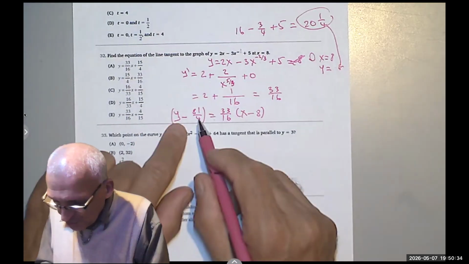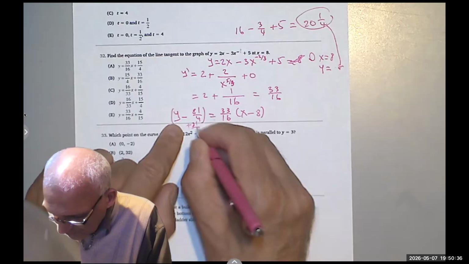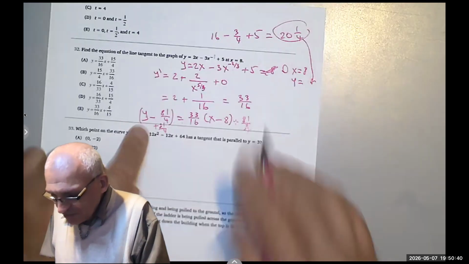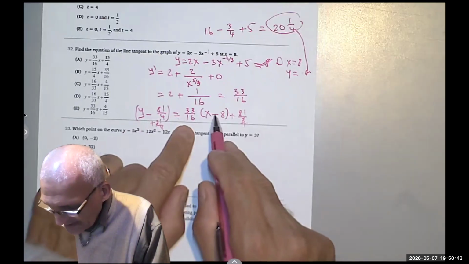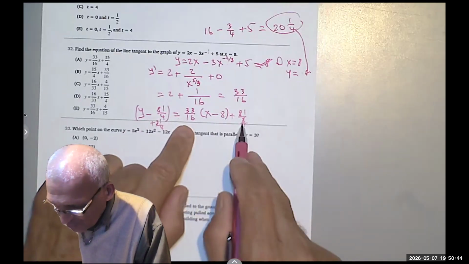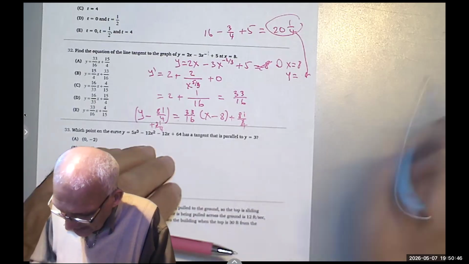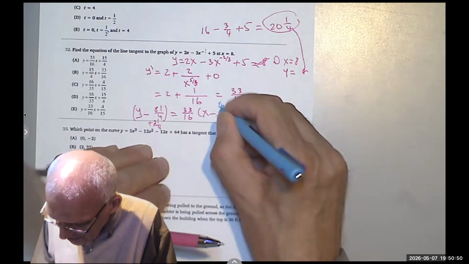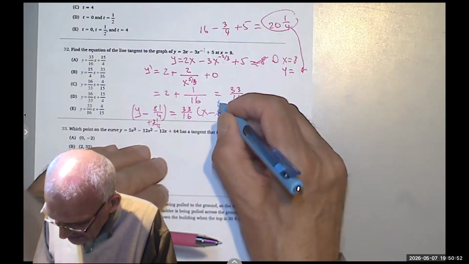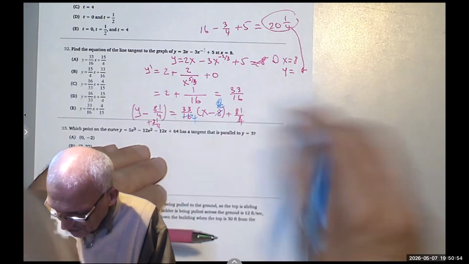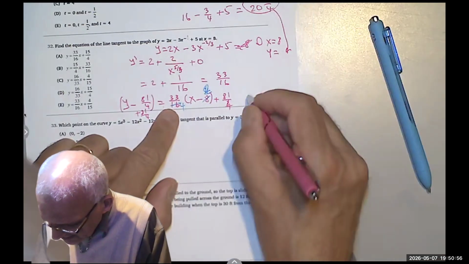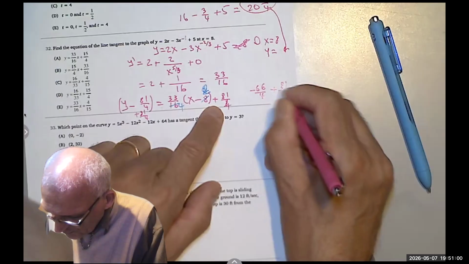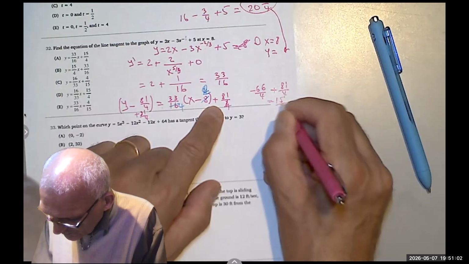So all I have to do is add 81 over 4 to both sides. Again, you can use a calculator, but when you multiply negative 8, notice this is over 4, so I can simplify by 4. So this would be 2, and this would be 4, and this would be negative 66 over 4 plus 81 over 4 equals 15 over 4.